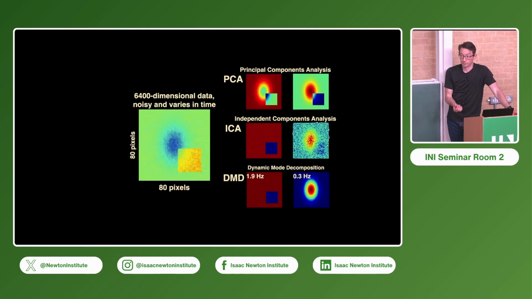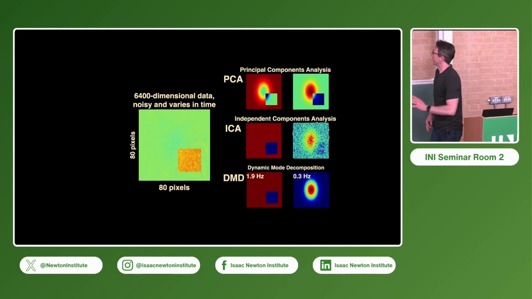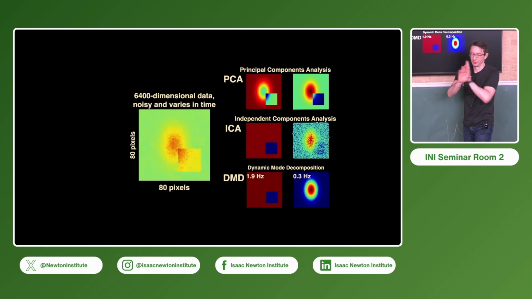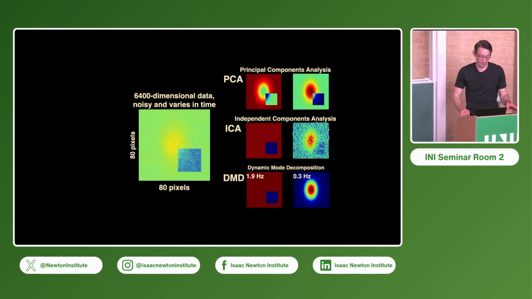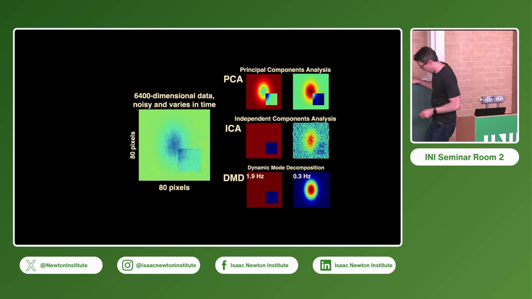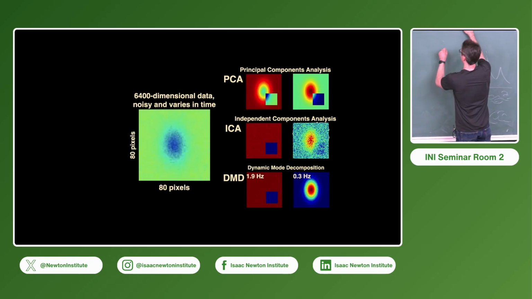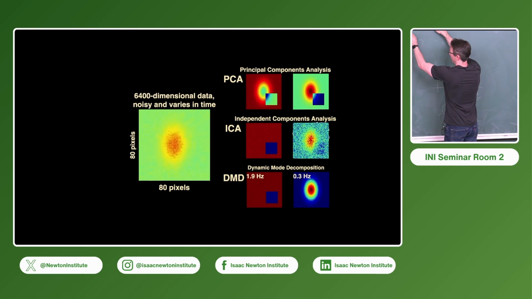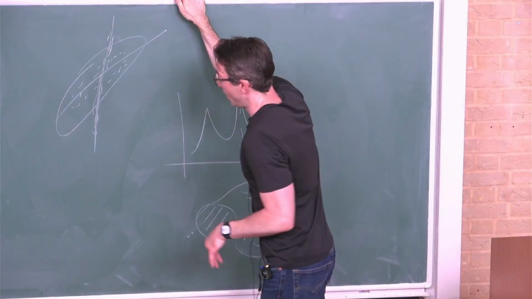What's the difference between ICA and DMD? I don't have time to go super deep into ICA. It's kind of like PCA, but for data that is not actually orthogonal. The one sentence version is that it's good for separating data where, if I have data like this and this, PCA is going to struggle. It's going to give me modes that look like that, but ICA will actually find the right subspaces.